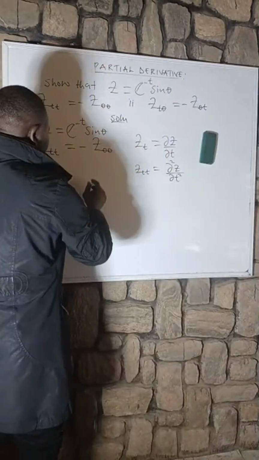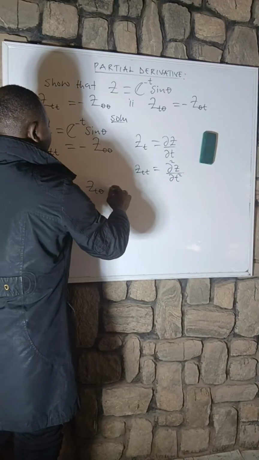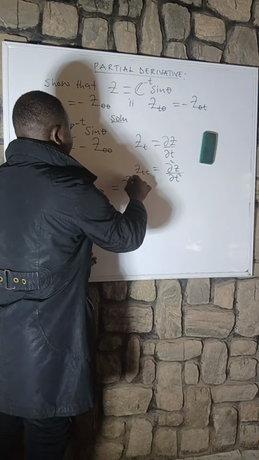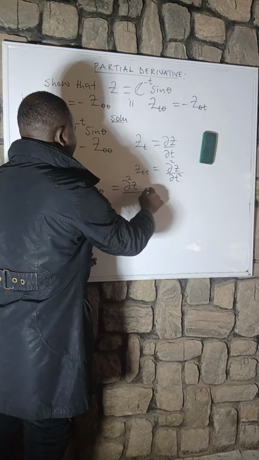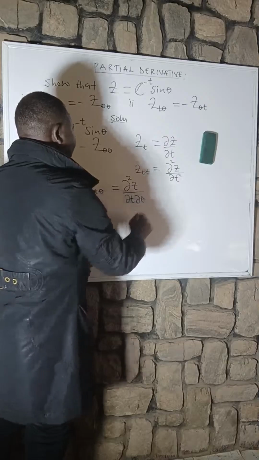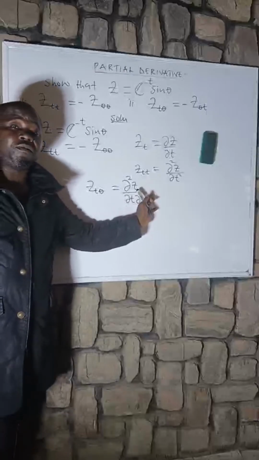This is the same thing as partial zt, also known as partial square z all over partial t dot partial theta. That is the meaning of this. And this is the common one, all of you know.